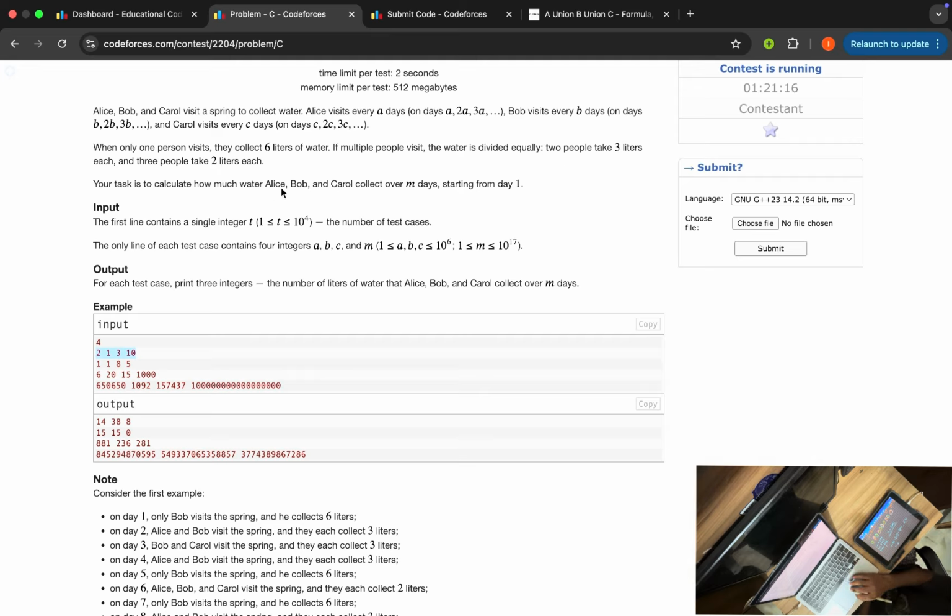The task is to calculate how many water as well over m days starting from day 1. Okay, let's see normally. Day 1, 6 plus 3 plus 3 plus 3 plus 6 plus 2 plus 6 plus 3 plus 3 plus 3, 38. Yeah, that's correct, 38. So I'm saying all of them are getting no interruptions, so that's why 60.